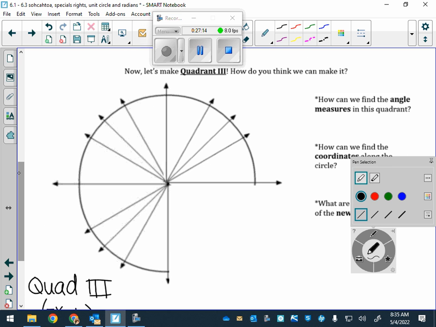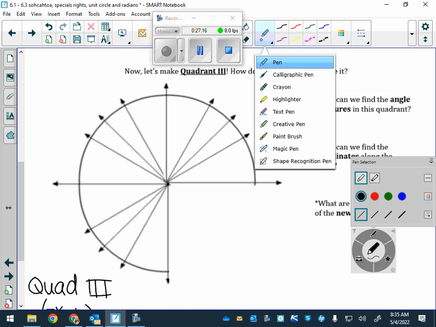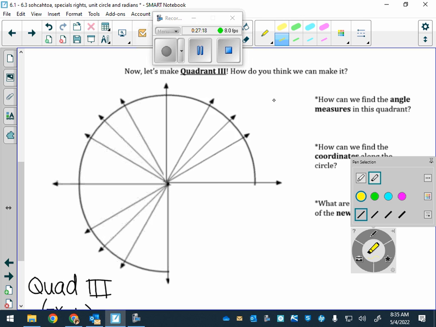But first, we're going to fill out quadrant 1 and 2. Don't forget the degrees either, you guys.